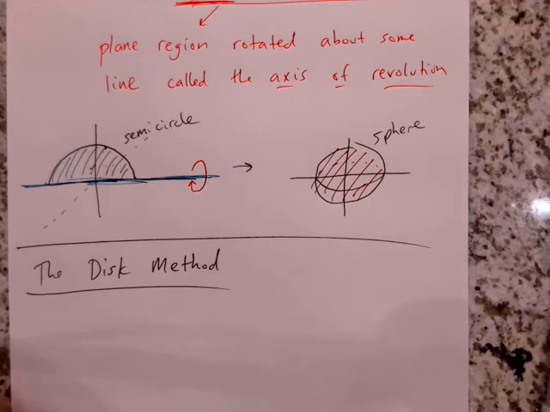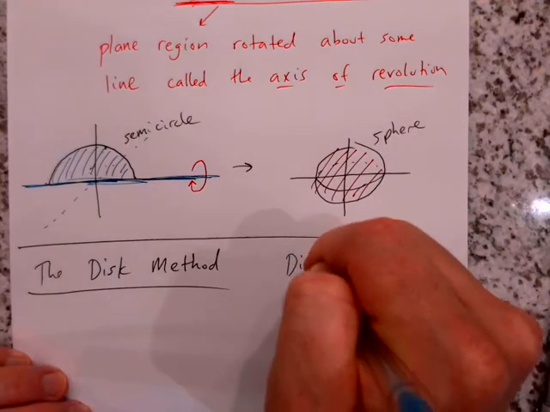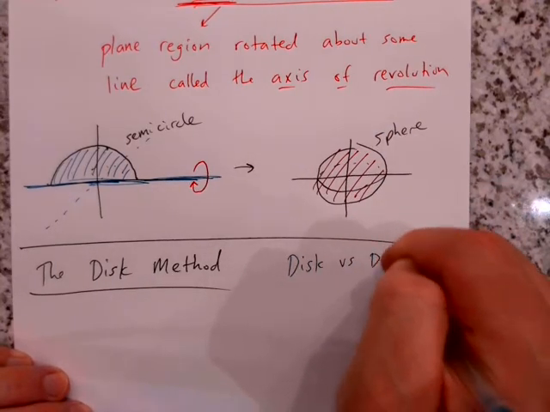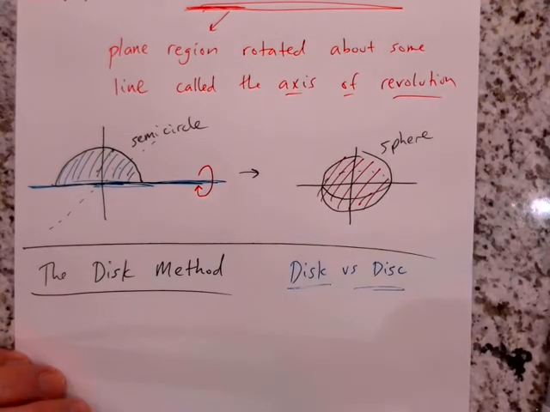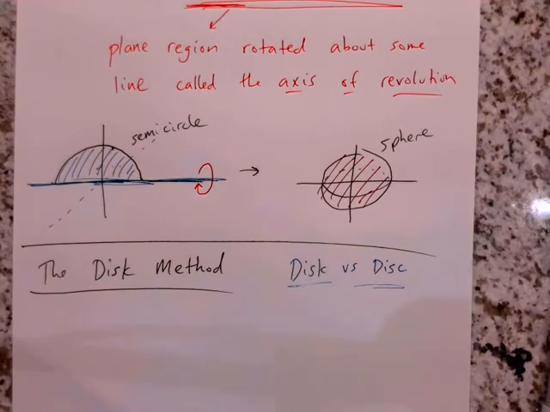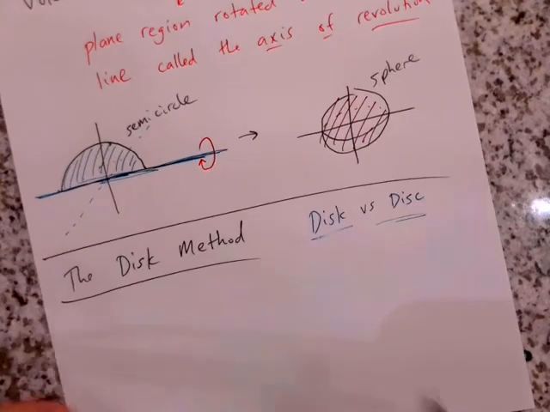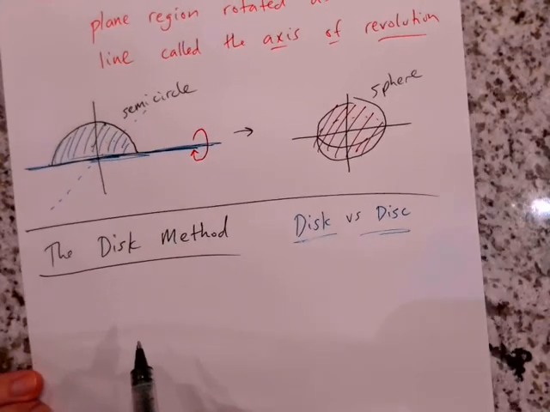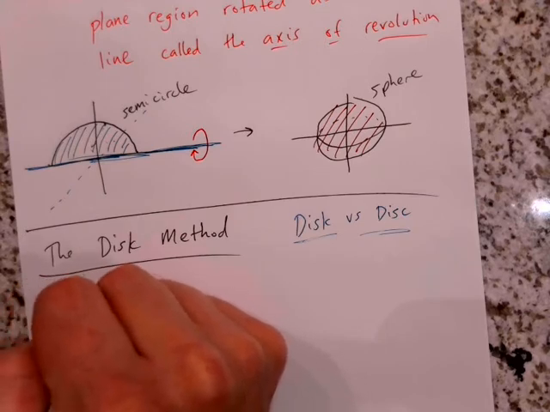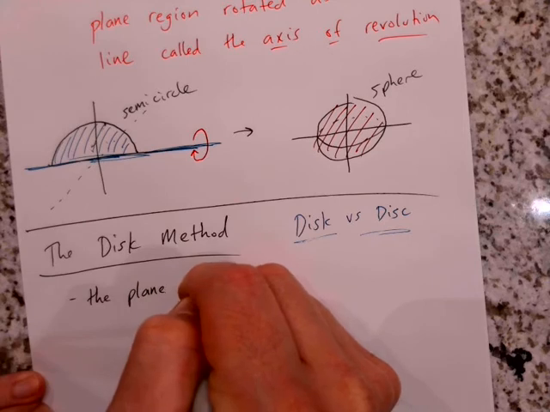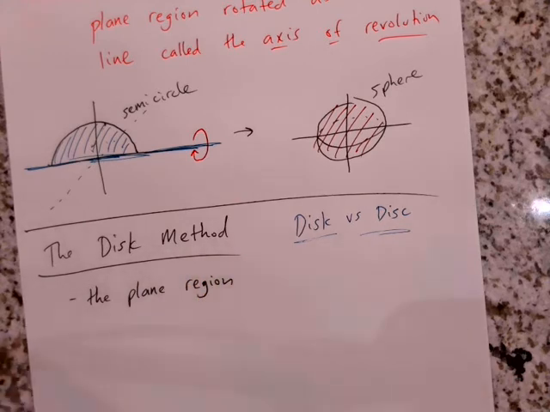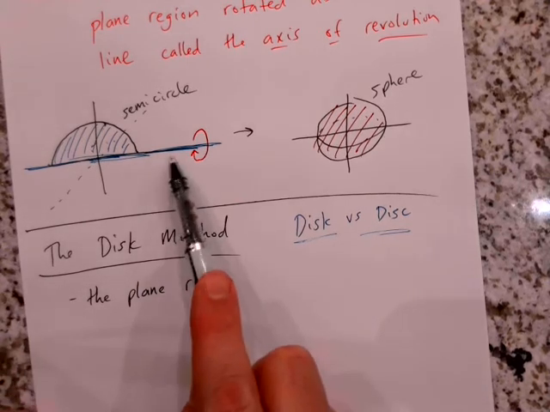First, random side note. You can spell disk in two different ways. As far as I'm aware, there's no difference, so feel free to use either of those. I'll probably go back and forth between those two spellings. I'm not partial to one spelling. So the disk method is the method to use when the plane region that you are rotating is right up against the axis of revolution.